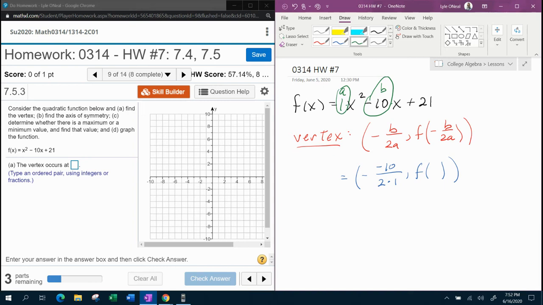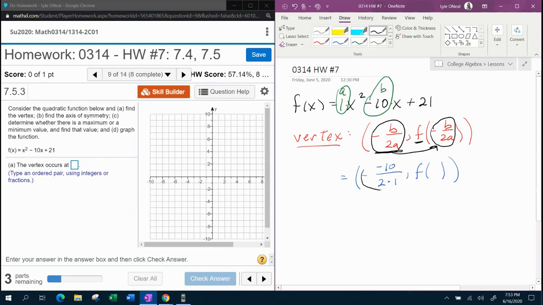Okay, if you notice, let's use black here. This fraction is the same as this fraction. So whatever this is, which when I say this is the x coordinate of the vertex, whatever that is, we plug that into the function to get the y coordinate of the vertex.